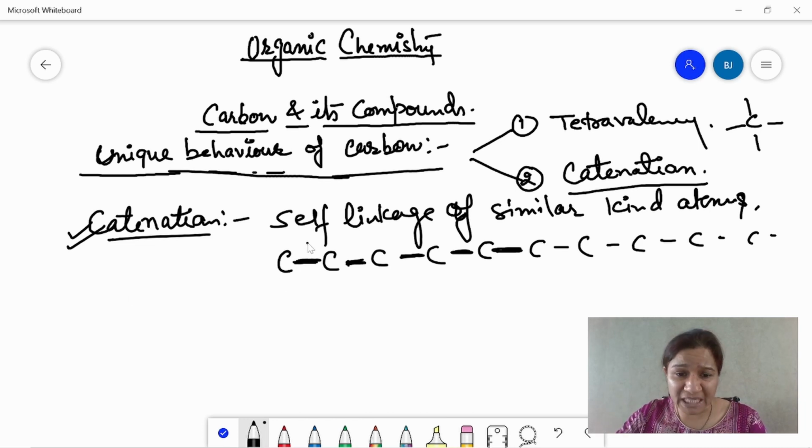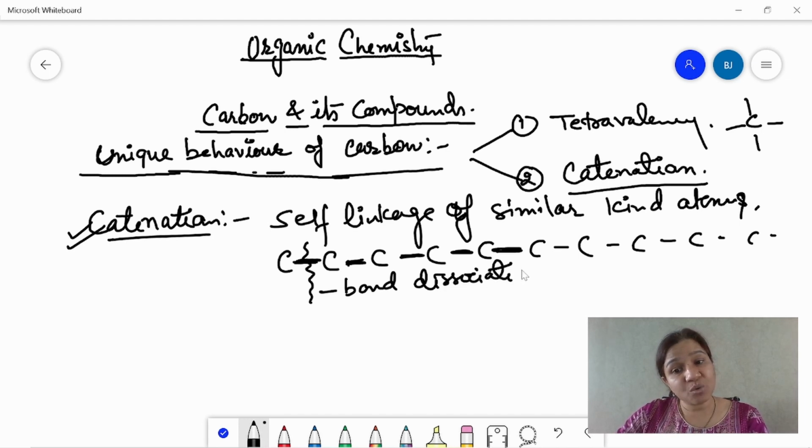We need a large amount of energy to break these bonds, which is not possible at ordinary temperature. So that is the reason, due to a very large bond dissociation energy. What is bond dissociation energy? The energy which is required to break a bond is called bond dissociation energy.